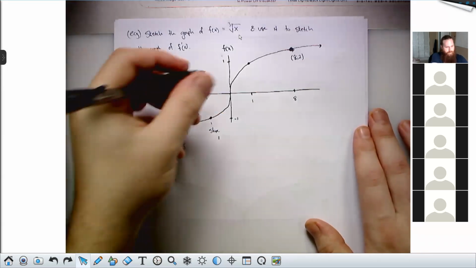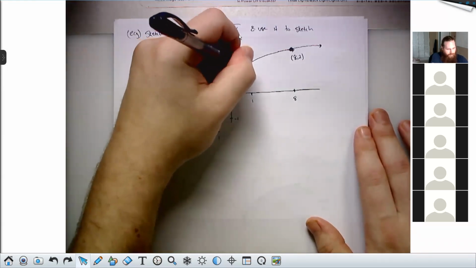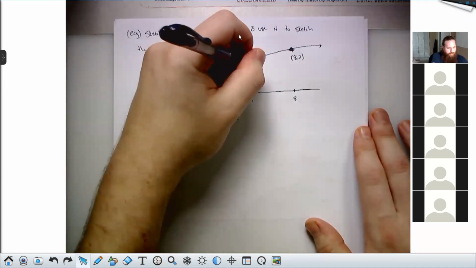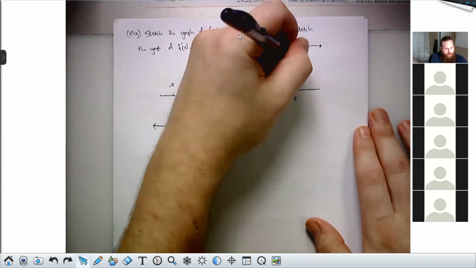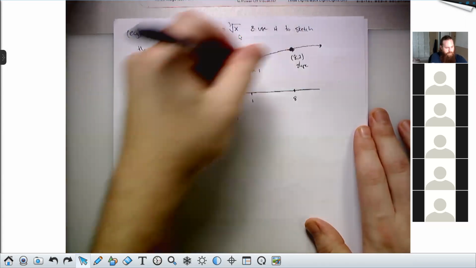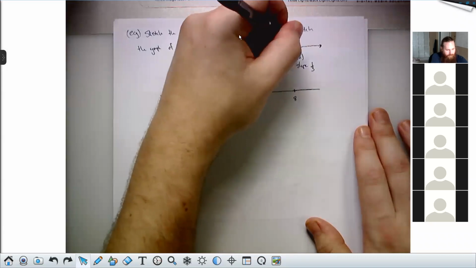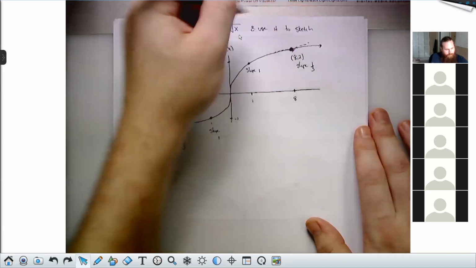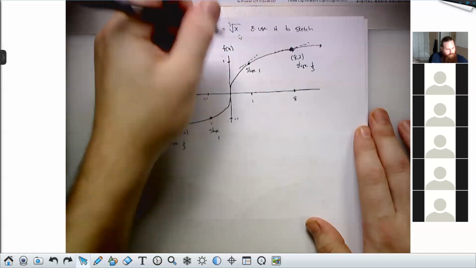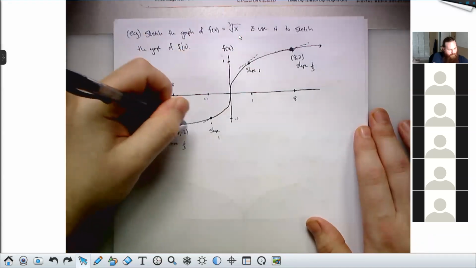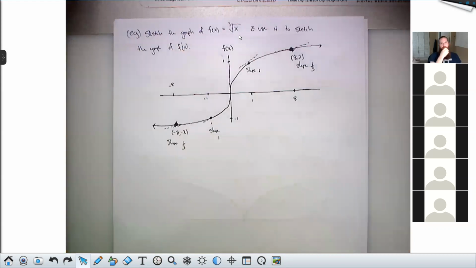I'm just estimating. Here, the slope is the same as the slope is here. So I'll say that's also 1. And here, the slope is the same as it is there. So I'll say that's 1/3, right? You can picture these tangent lines. Something like that.